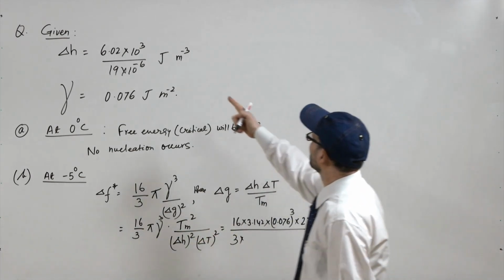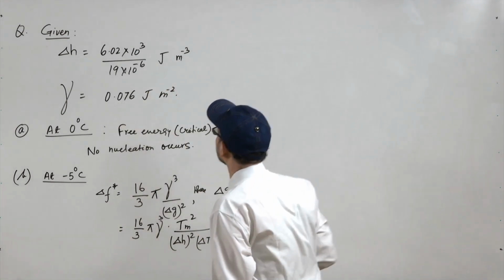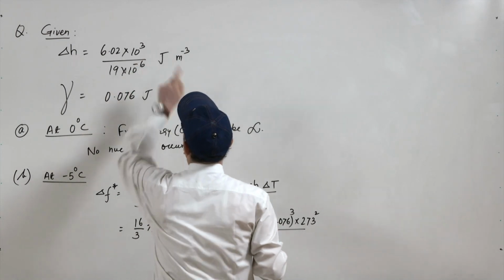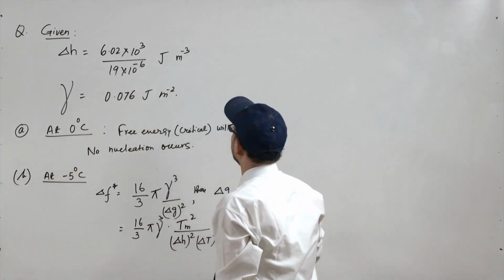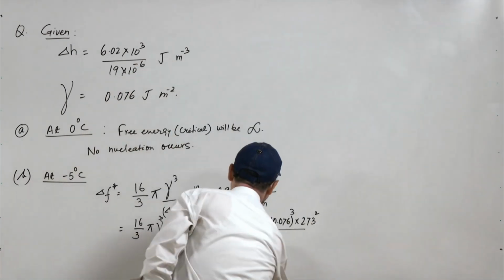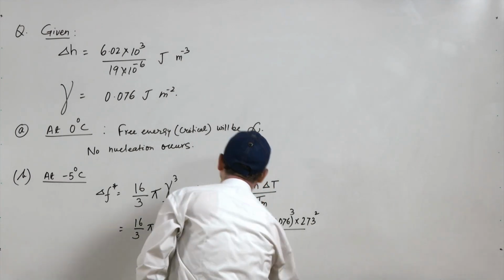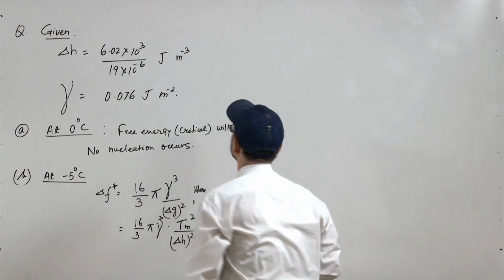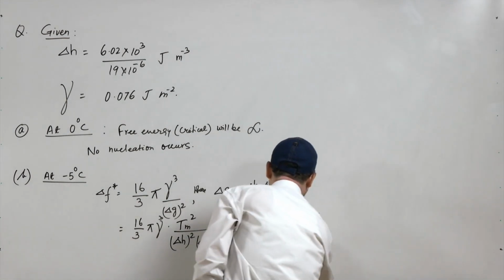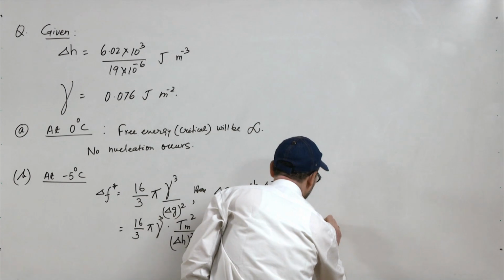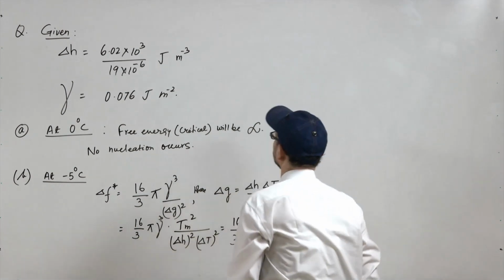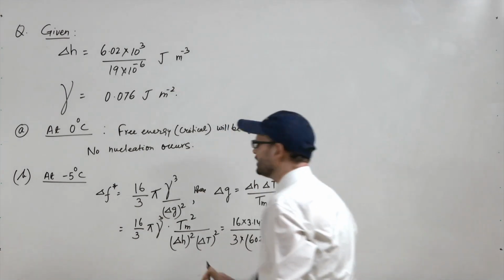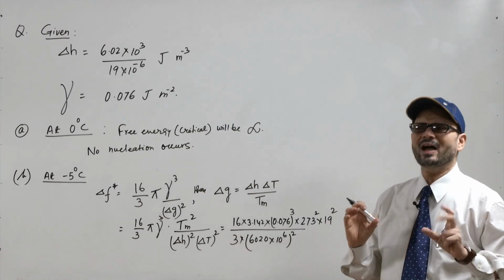So, we know delta H is this. In that case, delta H will be, this 10 will go on the upper side, it will be 6020 into 10 raised to the power 6, square, and this 19 square will go at the top, and then delta T square, delta T is 5 here.